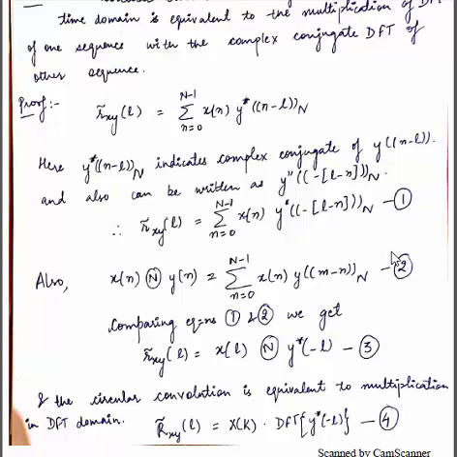Now comparing equations 1 and 2, we get the circular correlation Rxy of l equal to x of l circular convolution y conjugate of minus l. Comparing these two sequences, x of n is the same, the summation is also the same, so the circular correlation is equal to this with y of minus l, because here the variable is l in time domain. That is equation number 3.